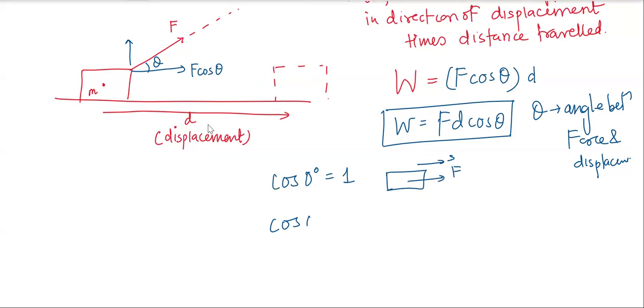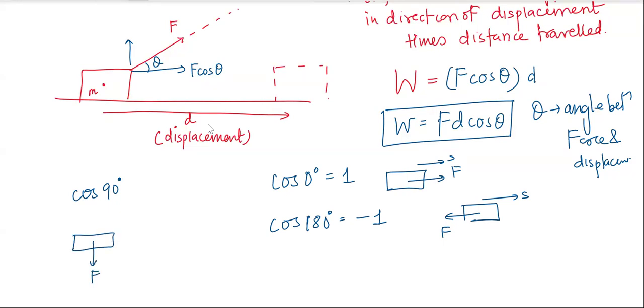If theta is 180 degrees, cos is minus 1, it means the force is against the direction of the displacement, like you are moving in a certain direction and you apply a brake, so the friction force is backwards and the car is moving forward. And if theta is, let's say, 90 degrees, the force is acting vertically but the displacement is happening horizontally, in that case that force is not doing any work because cos 90 is 0.